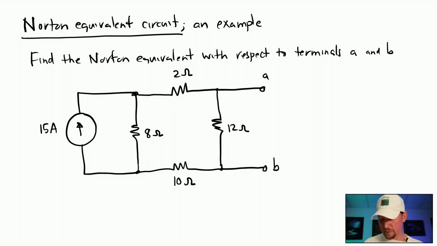So the basic idea behind this is this entire network, as we actually look into these terminals, right, notice that it's composed of one current source and 4 resistors.